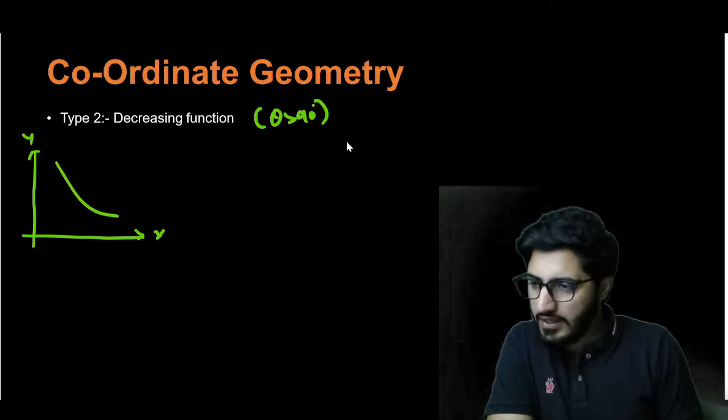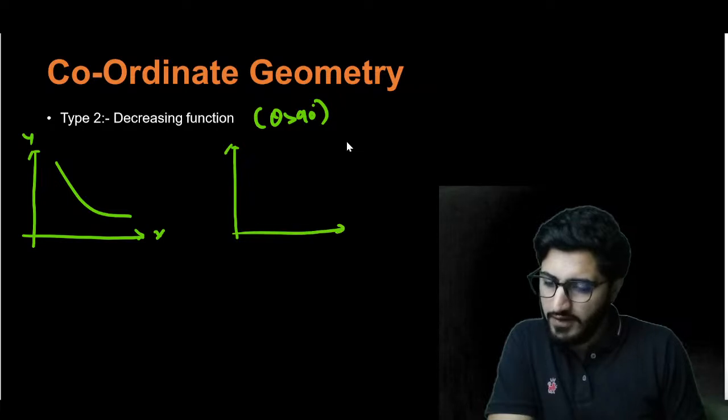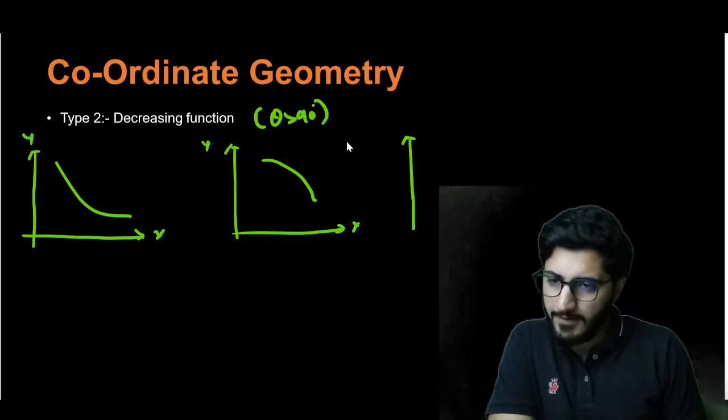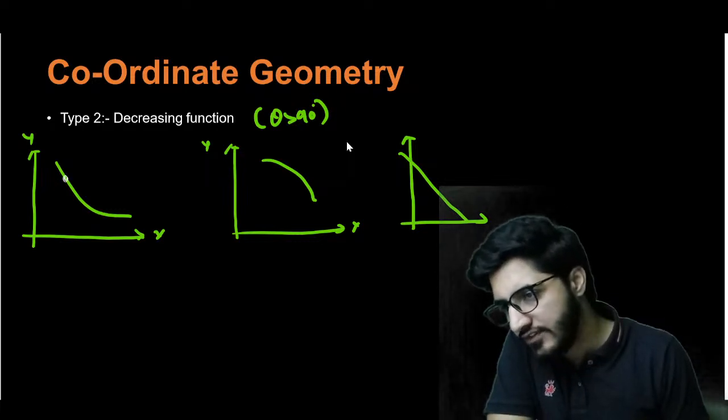Now, XY graph is like this. Secondly, if we are having like this, XY. Third, if we are having like this. Now look, take first point, second point, make a tangent.